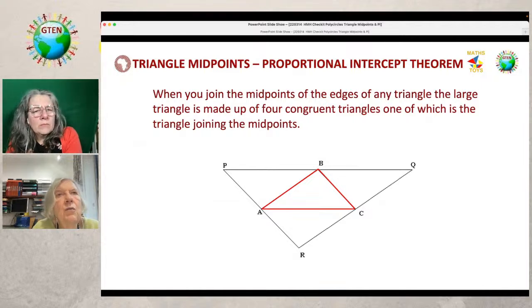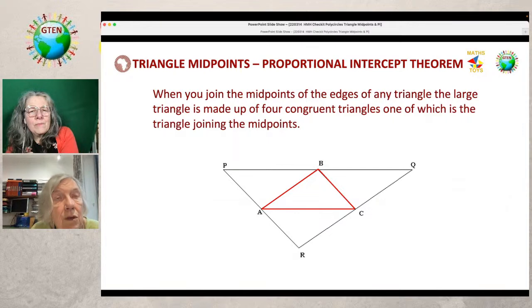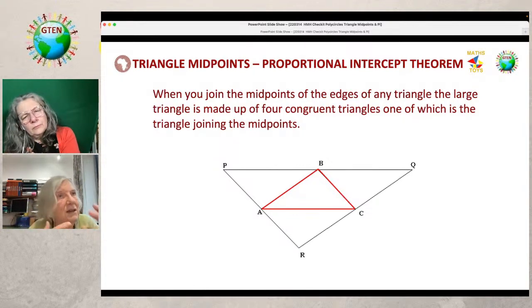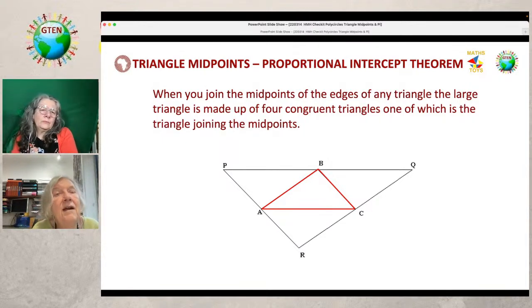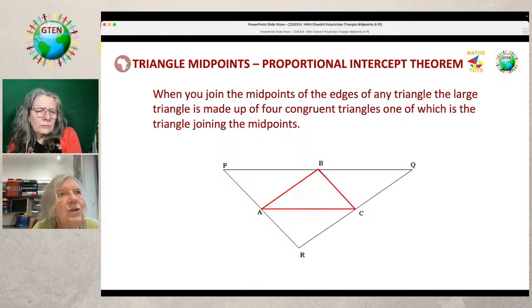Now, when you join the midpoints of the edges of any triangle, so you start with ABC and then have to find PQR, where ABC are the midpoints of the edges of PQR, the triangle is divided up into 4 congruent smaller triangles, the red one in the middle being one of them.